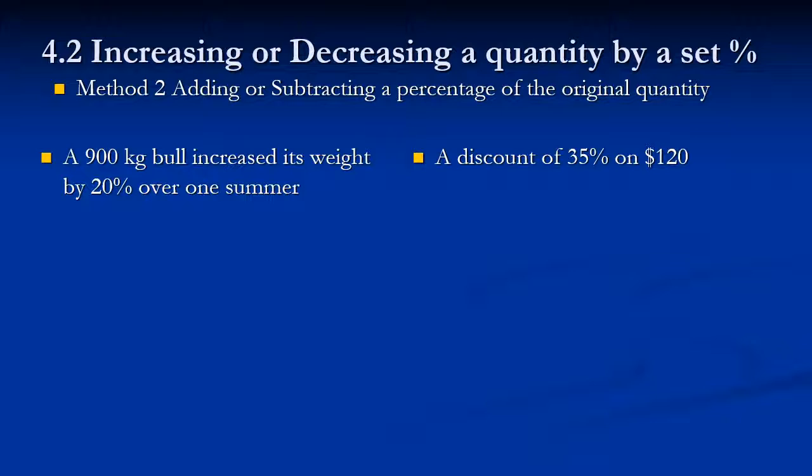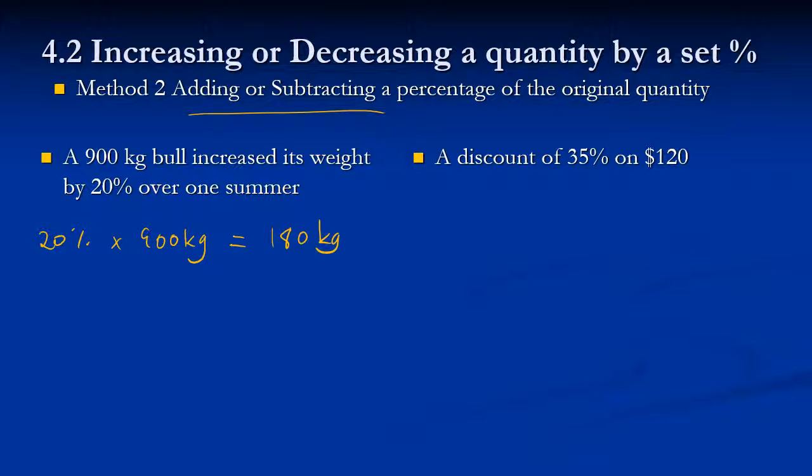Now I can also do this with a two-step process. So what we do is we add or subtract the percentage from the original quantity. So what we want to do here, 900 kilogram bull, increase its weight by 20% over one summer. So we just need to find out, well, what's 20% of 900 kilograms? So 2 9s are 18, so is that 180 kilograms?